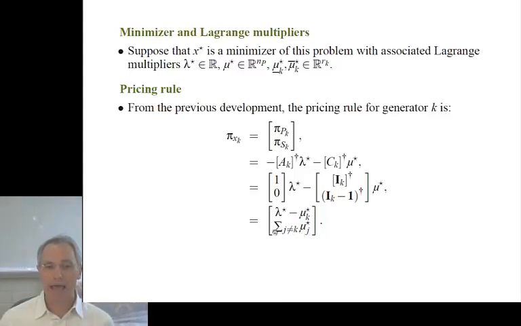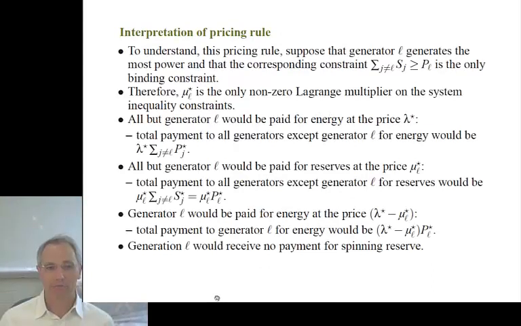For generator L, this summation will be exactly equal to 0. Therefore, all but generator L would be paid for reserves at the price mu L star, and therefore the total payment to all generators except generator L for reserves would be mu L star times the sum over j not equal to L of Sj star. That would be mu L star times PL star.